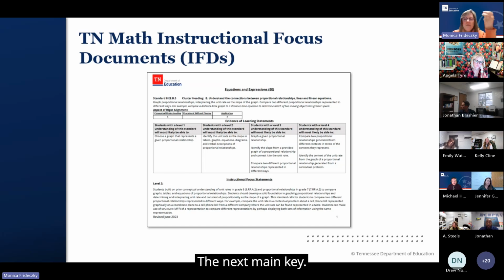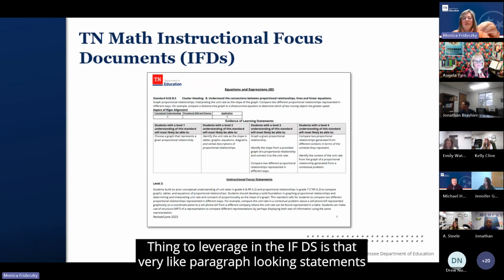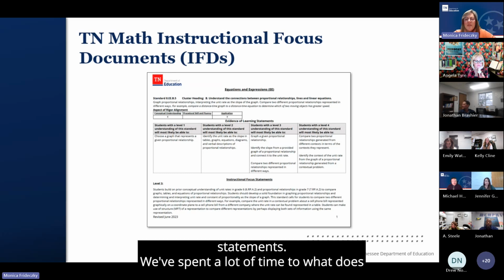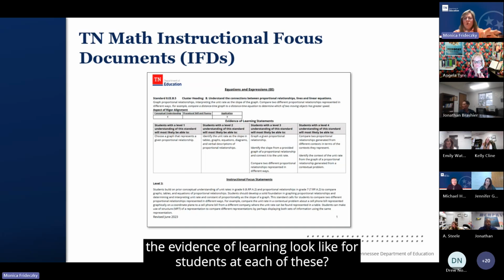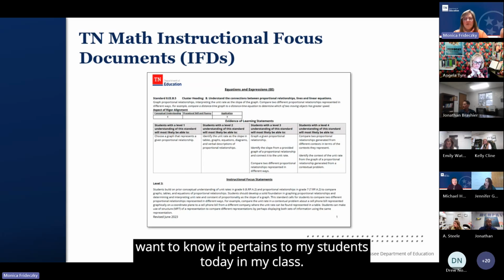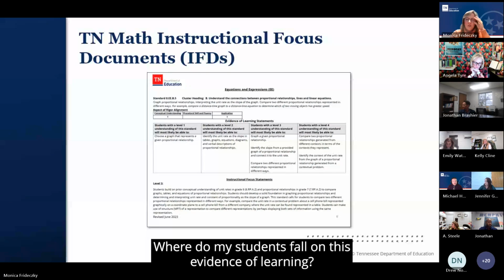The next main key thing to leverage in the IFDs is the paragraph-looking statements down below. Those are the instructional focus statements. We've spent a lot of time on what the evidence of learning looks like for students at each of these levels. That's where teachers typically want to know, as it pertains to my students today in my class, where do my students fall on this evidence of learning spectrum?